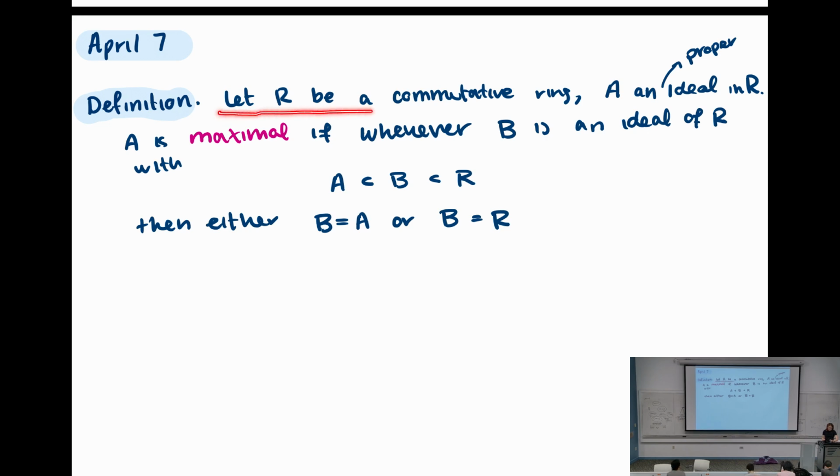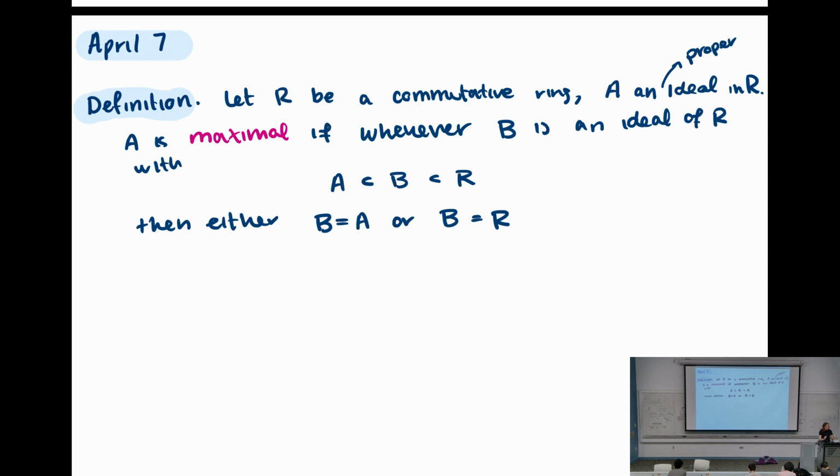If R is a commutative ring and A is some proper ideal in R, so it's not equal to the entire ring, then we say that A is maximal if any time you write another ideal B that contains A and is also inside of your ring, then you either have that B is equal to A or B is equal to R. So it's not possible to put another ideal in between A and the full ring. If that's the case, then you'd say that A is maximal.